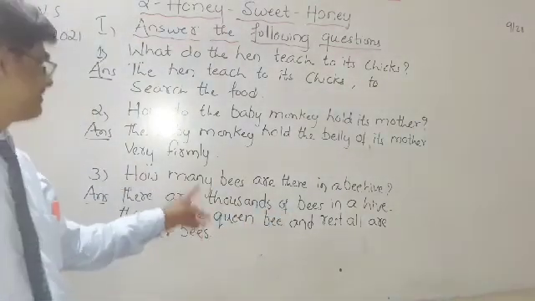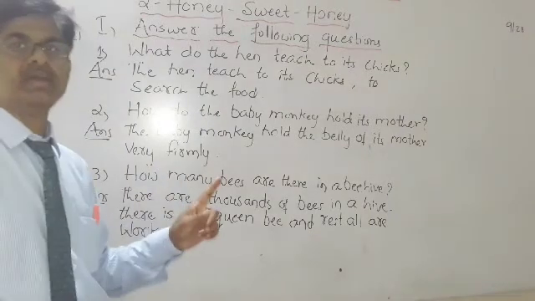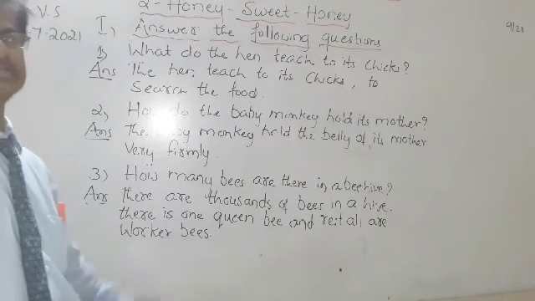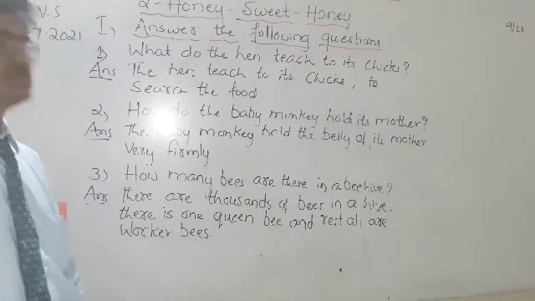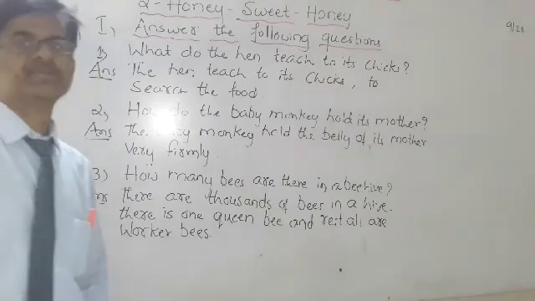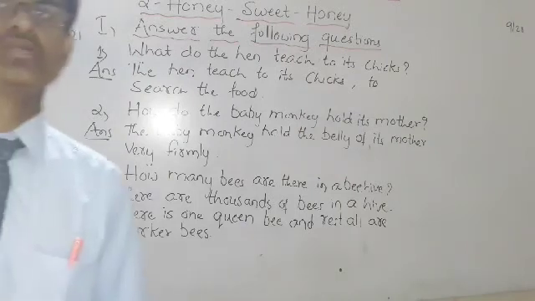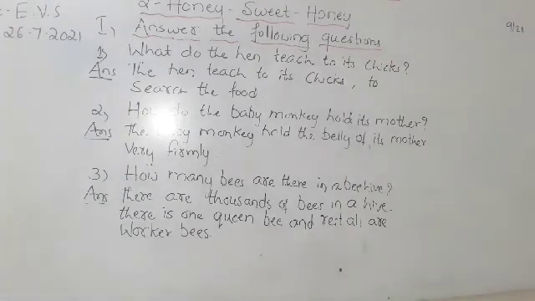In 1000 bees, only one is queen bee, other all are worker bees. Understood? They are workers. Worker means they do different works. Now this is the third answer completed. If you finish, go to the fourth one.